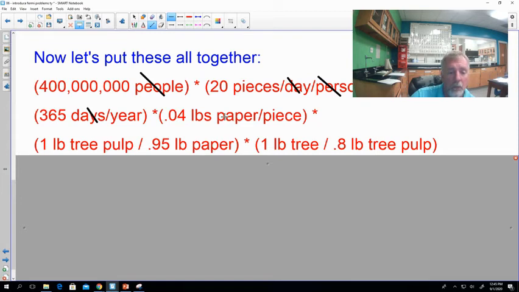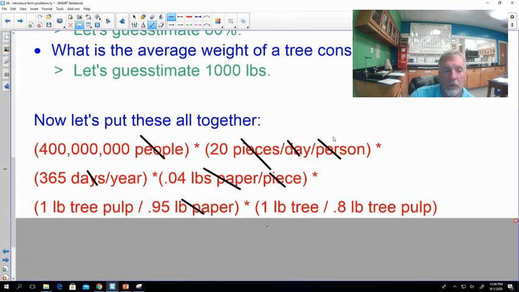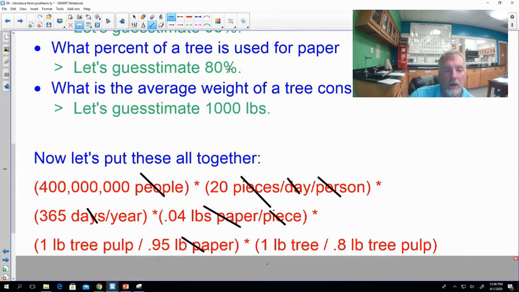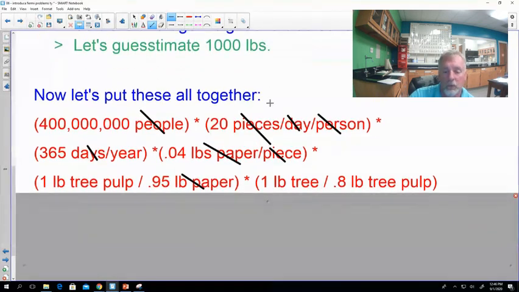So again, now I'm crossing things out. We have pounds of paper here, pounds of paper here. The next thing was, how much tree pulp does a given tree create? I said, up here, 80% of that tree is used for pulp.